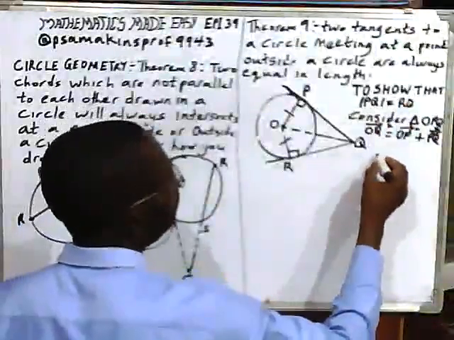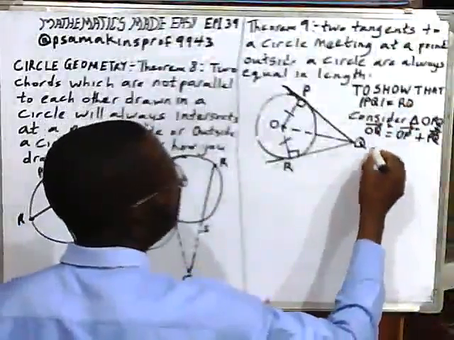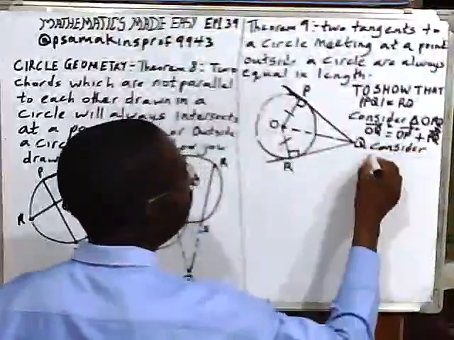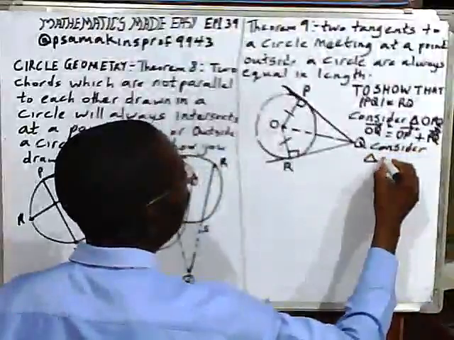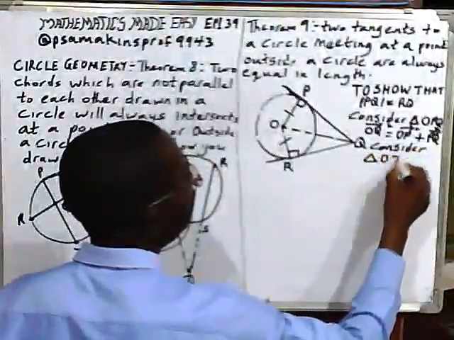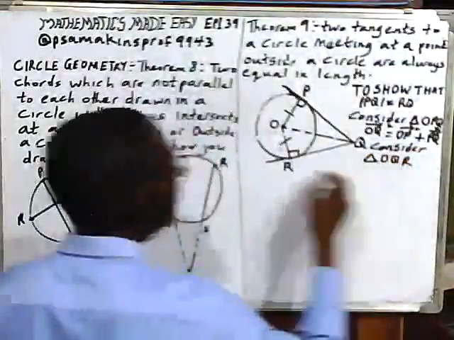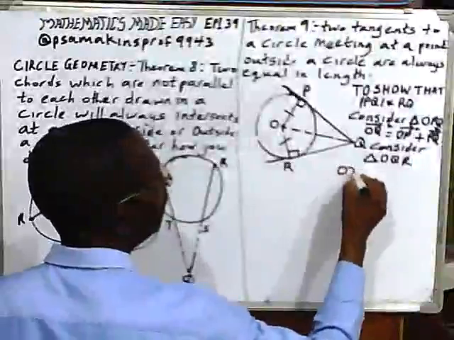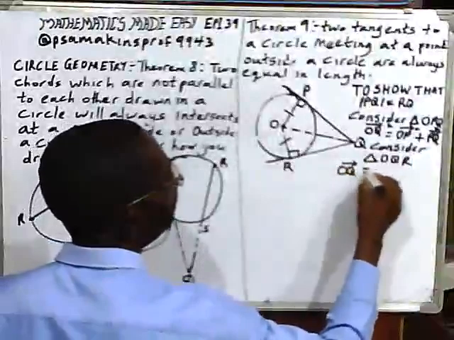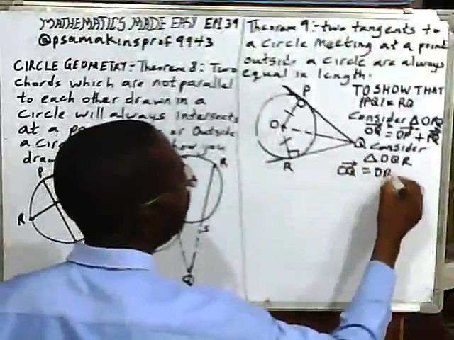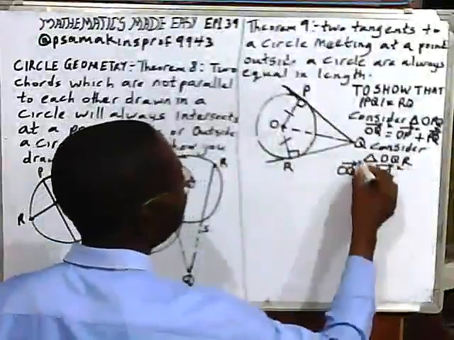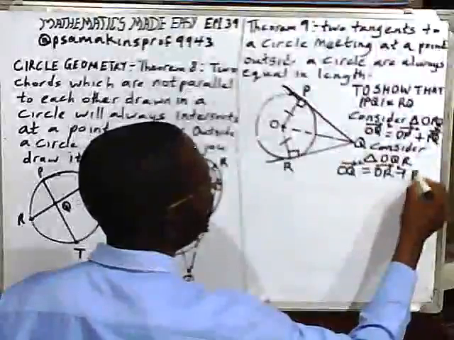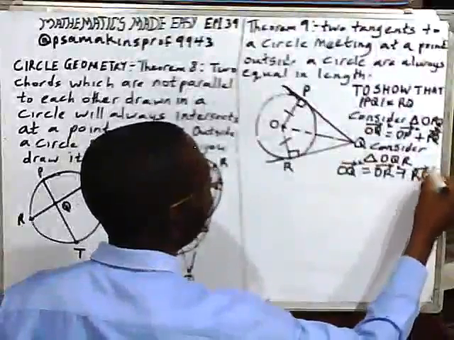The same thing also applies if we consider triangle OQR. Then we also have OQ squared is equal to OR squared plus RQ squared.